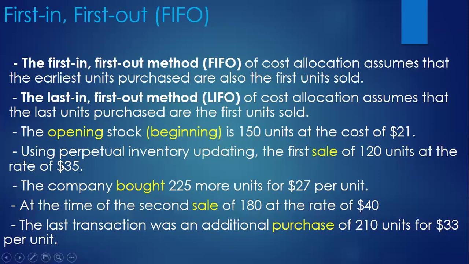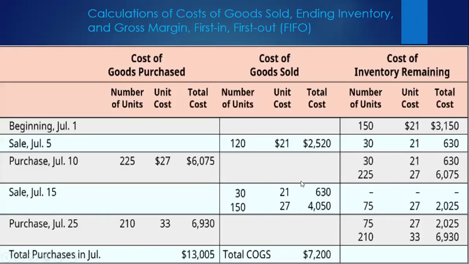The next transaction we have is a purchase. Goods were brought in, purchased, received, all are the same. 225 units at the rate of 27. It's not the same price as the old stock, so you can't add them up at this moment. I'm going to show it right down here in the purchase column.